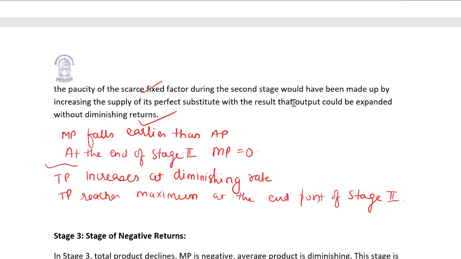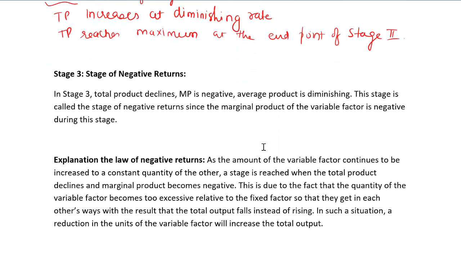Clear? Let's see stage 3, which talks about the stage of negative returns. In stage 3, total product declines, MP becomes negative, and average product is diminishing. This stage is called the stage of negative returns since the marginal product of the variable factor is negative during this stage.